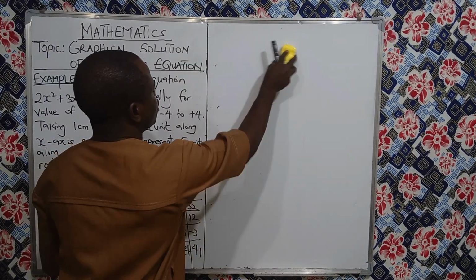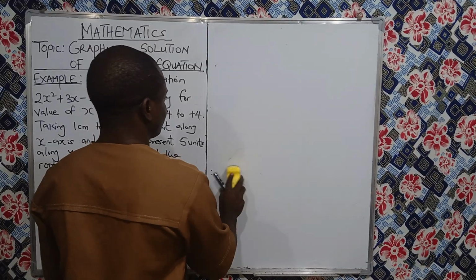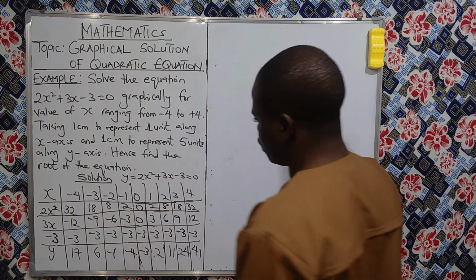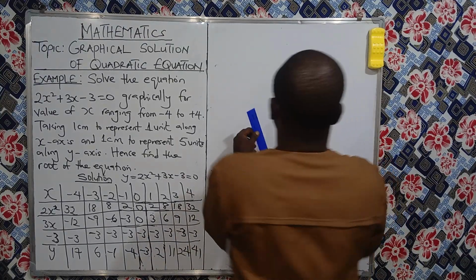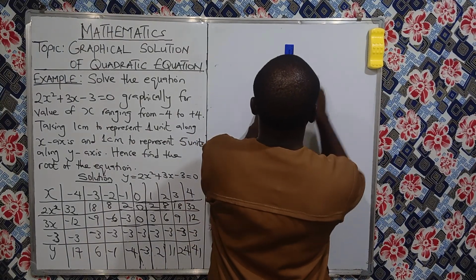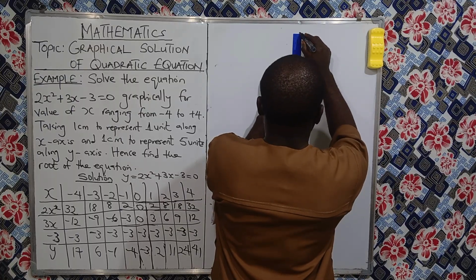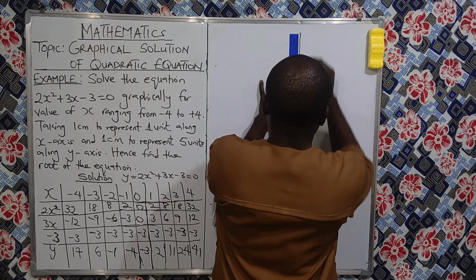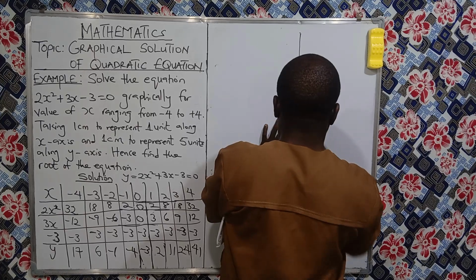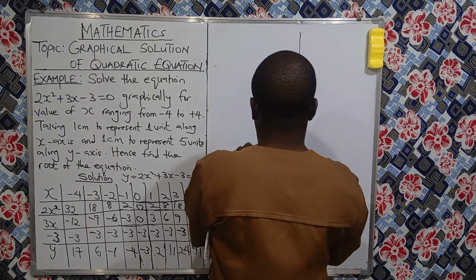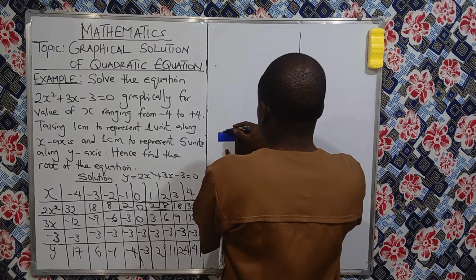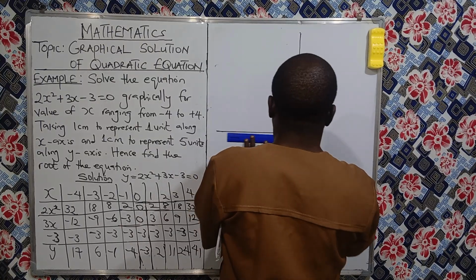Now, we want to plot the graph of x and y axis. It's a sketch. It's not a perfection.